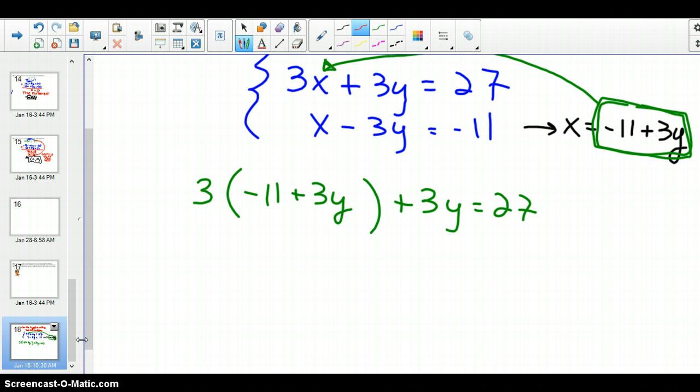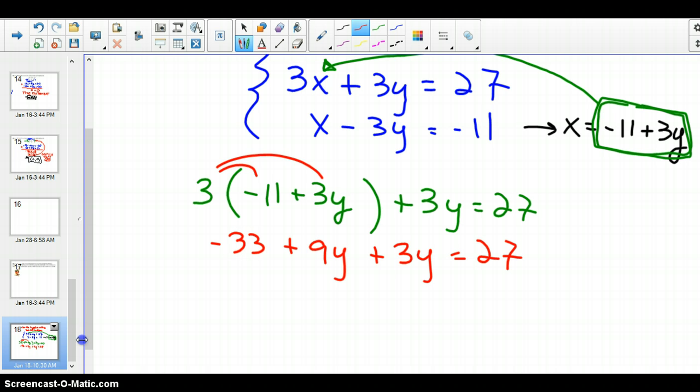Okay, here's where you need to just be careful. There's a lot of algebra you still have to do to finish the problem. When you distribute the 3 here, you get negative 33 plus 9y, and then you still have the plus 3y equals 27. At this point, your job is to combine like terms.